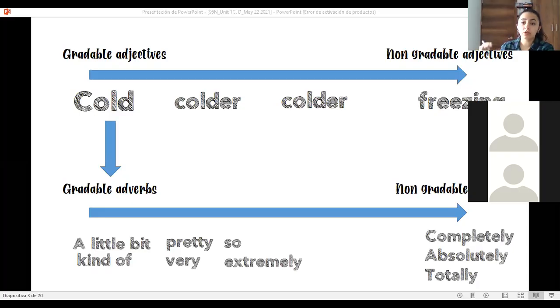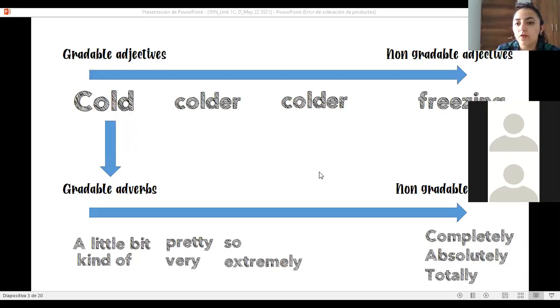and in the same way non-gradable adjectives with non-gradable adverbs. Don't forget these words that are going to be very useful. For example, a little bit, a bit, kind of, pretty, very, so, extremely, and so on.